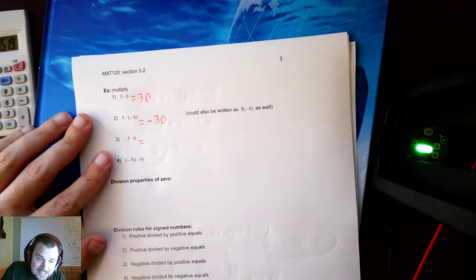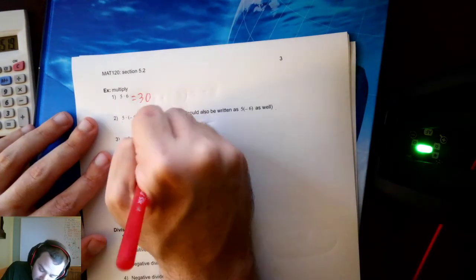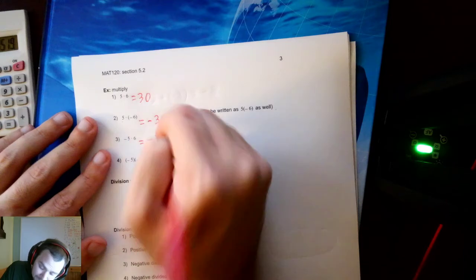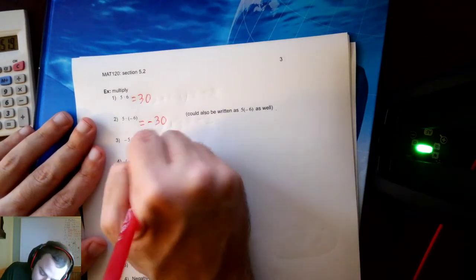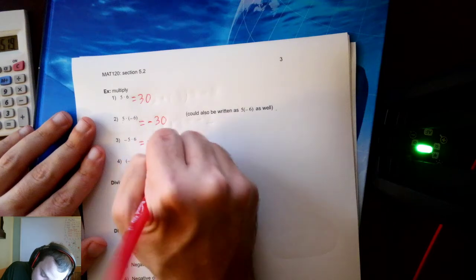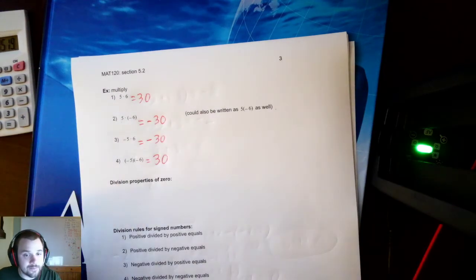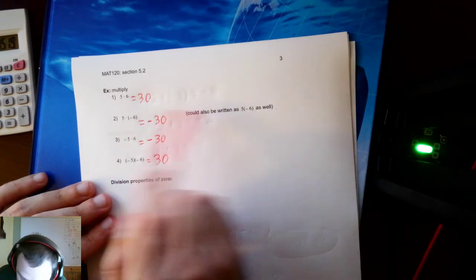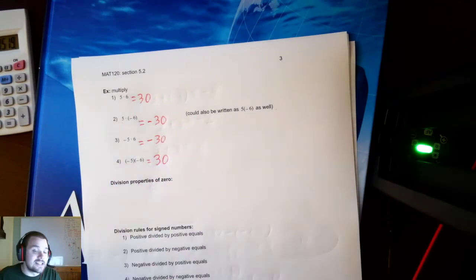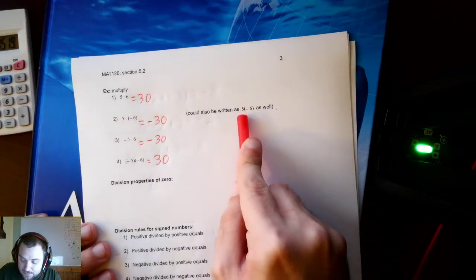One's negative, one's positive. They have different signs, so the answer will be negative 30 again. Then lastly, negative 5 times negative 6 will give me positive 30. They have the same sign. And then I have a little note here that we didn't have to write this multiplication sign, right? If it's next to the parentheses, it's assumed to be multiplication. 5 times negative 6.